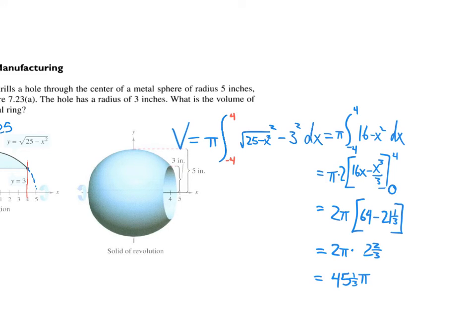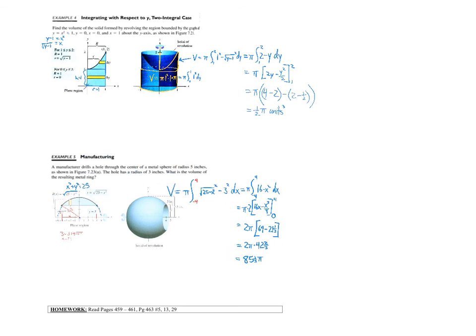My brain's still kind of waking back up. What is it? 42 2/3 times 2, 85 1/3 pi. There we go.